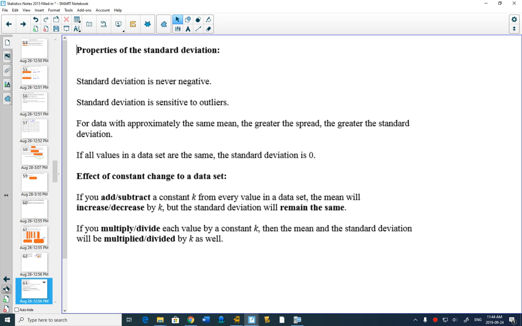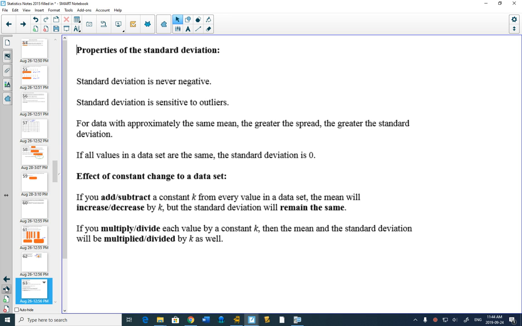Some properties of standard deviation. Standard deviation is never negative because you're looking at squared values and then square rooting. It's never negative. It is sensitive to outliers, right?